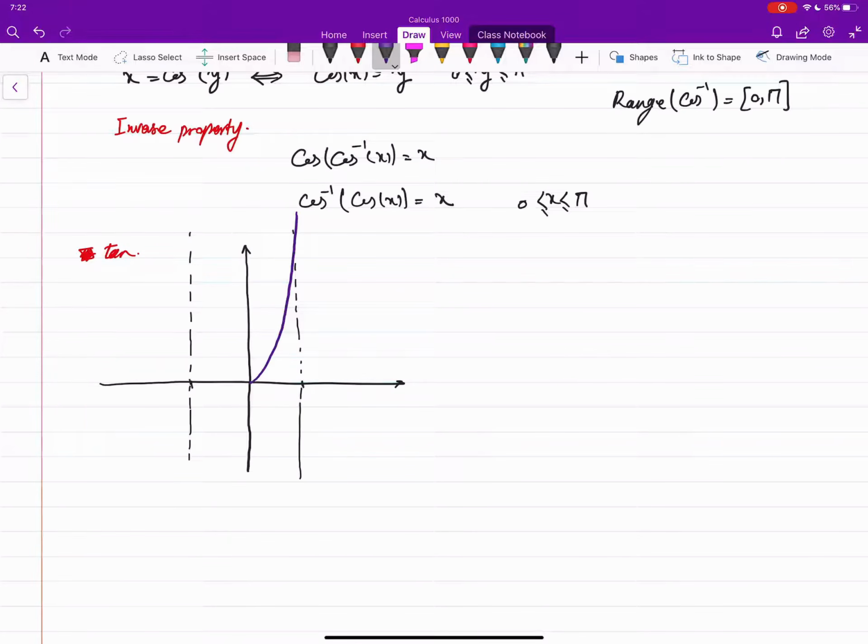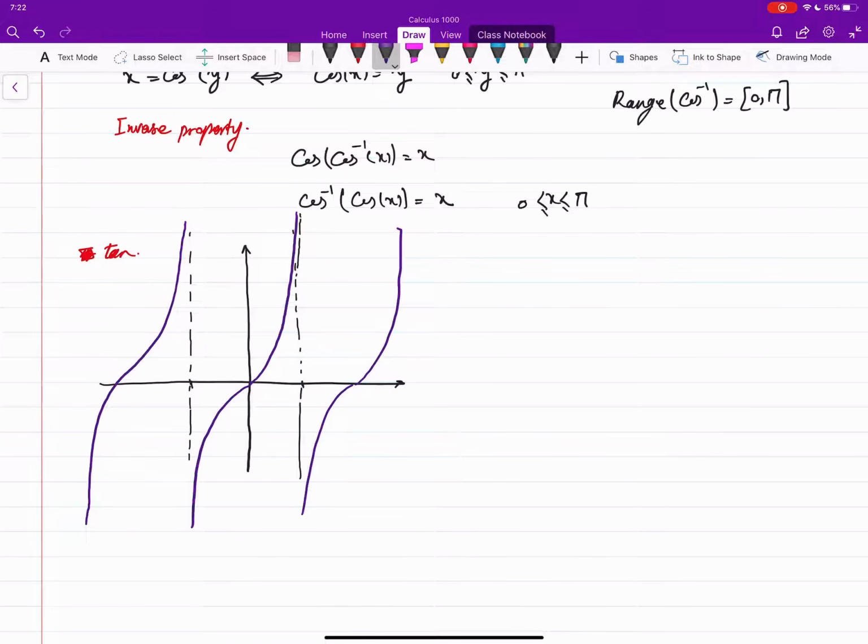Well, it never intersects the asymptotes, sorry, that is my drawing, not the tan function. And then it goes down like this, and then repeats itself like that, and repeats itself like this.